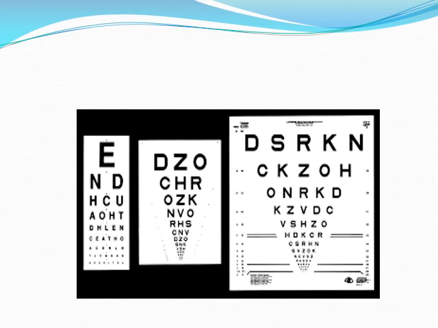We can see that the number of alphabets in each of the lines is the same, though the size is decreasing. Whereas in the Snellen's chart, the number of letters in each and every line differ. As the size of the letter decreases, the number of letters in each line goes on increasing. In logMAR charts, the crowding effect is reduced.